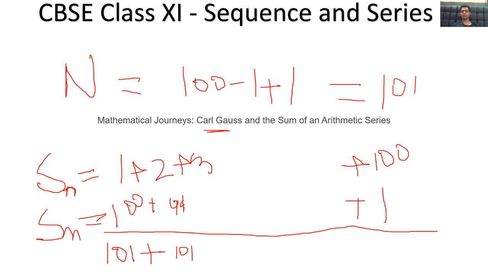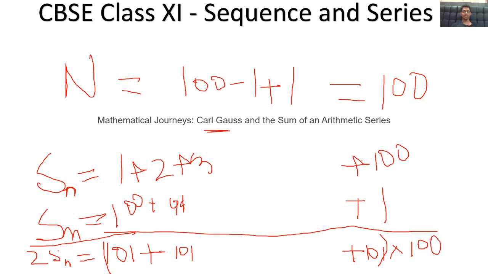So we have a total of 100 terms, but since we have clubbed both of them, it's going to be 2Sn. Since we have added both these two lines, it's going to be 101 multiplied by 100, because we have 100 such terms.